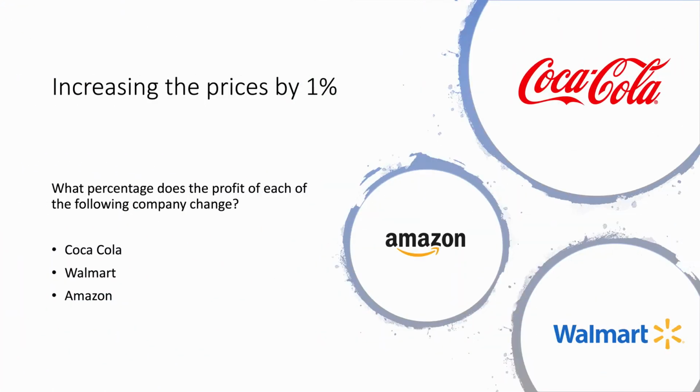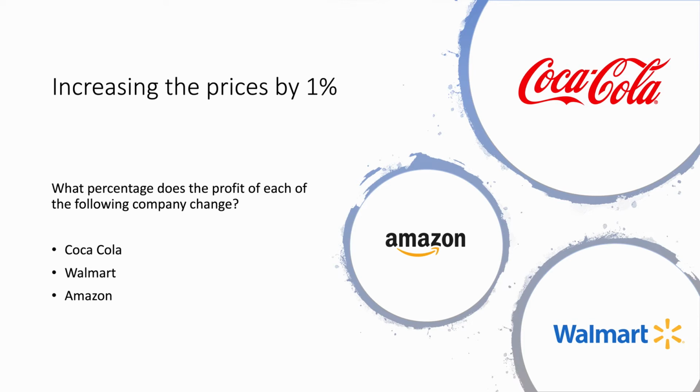We have three very large companies, Coca-Cola, Amazon, and Walmart. And the question is, let's say these three companies have free rein to make price adjustments. Let's say they can sneakily increase the prices of all their products by 1% without consumers even noticing.